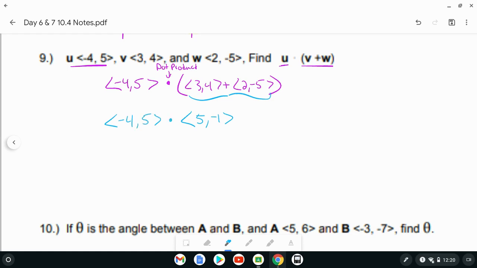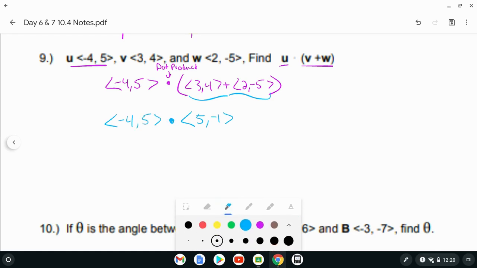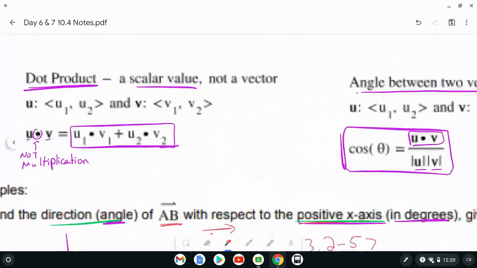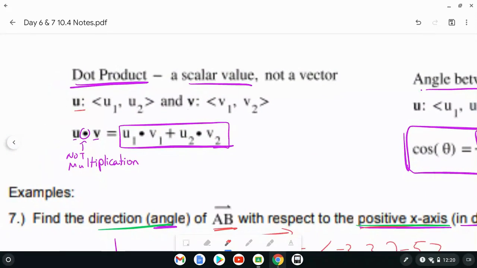Now, when we do the dot product, we haven't done one of these before yet. So again, up at the top, let's refer to the process. If we have vector u and vector v being dot product, we do u1 times v1, the horizontal components. Those we actually multiply. Then we add that with the vertical components that are being multiplied.